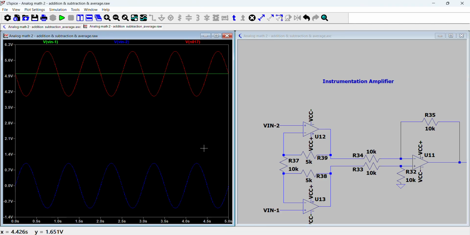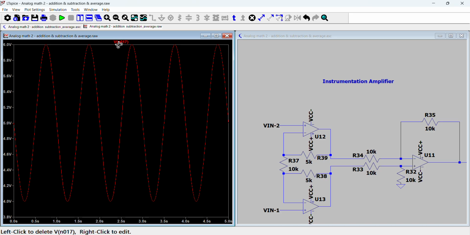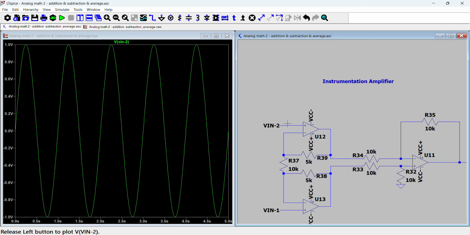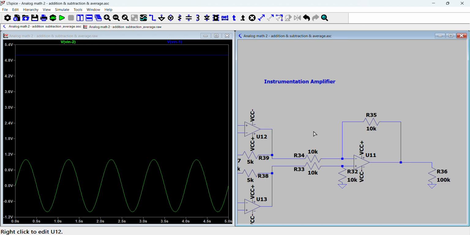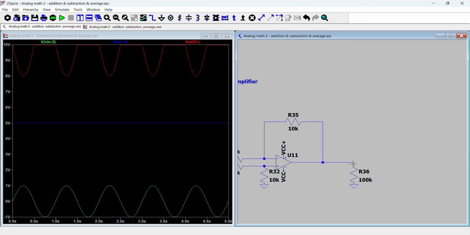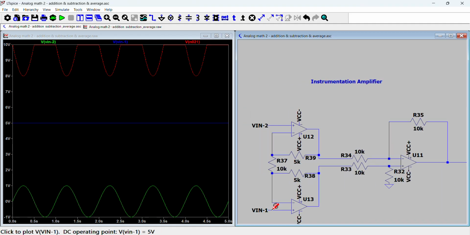So let's have a look at that and see if it's true. So here we have 5 volts minus the sine wave times 2 should be the output. So let's have a look at that. So you have this 5-volt input minus 2 times, actually that's not true. Hang on, give me a second, let me figure out the calculations.